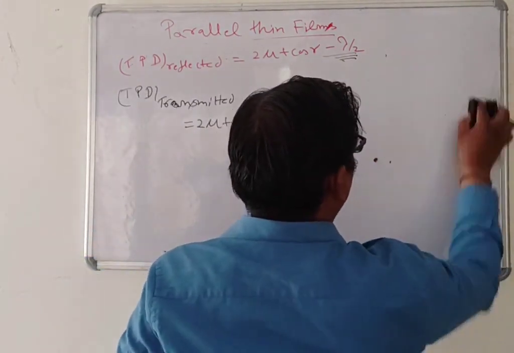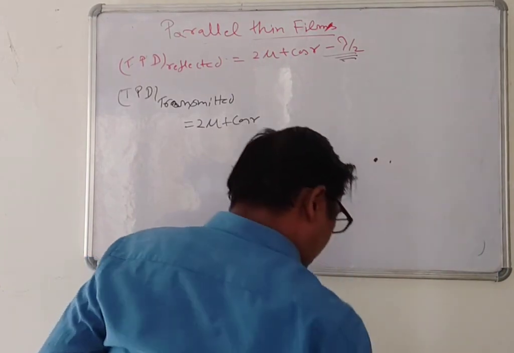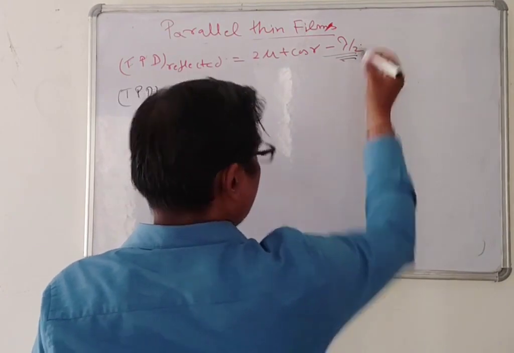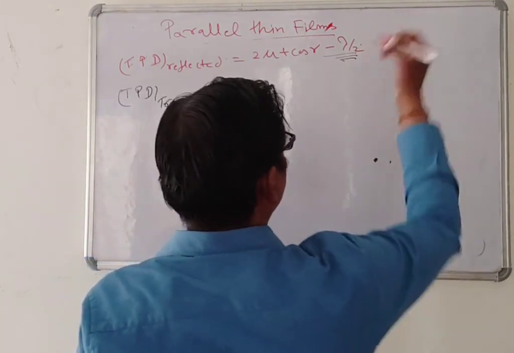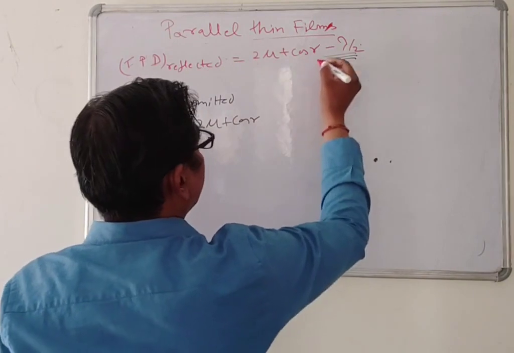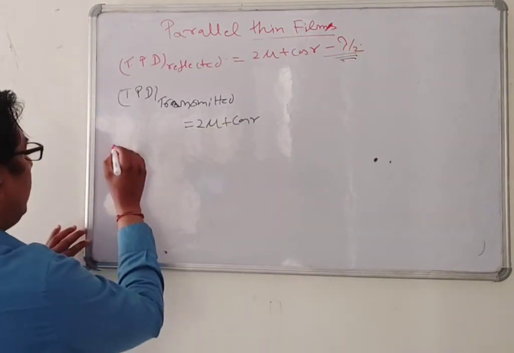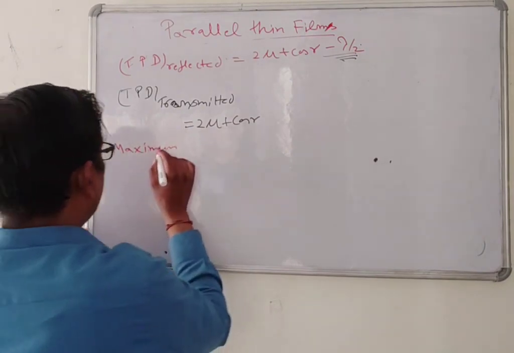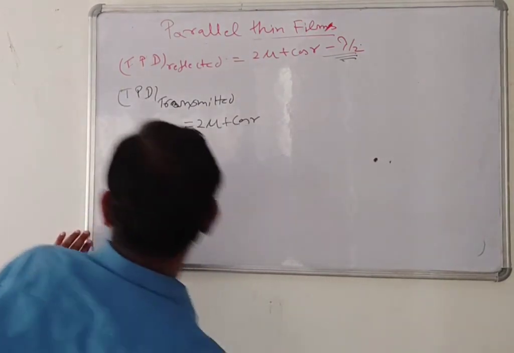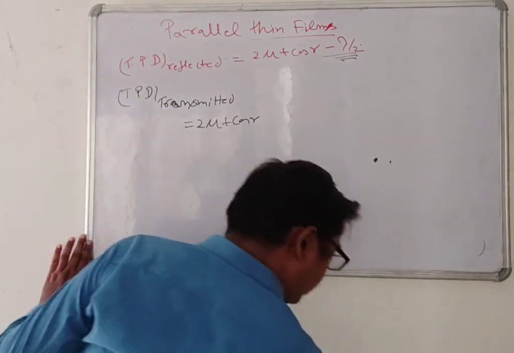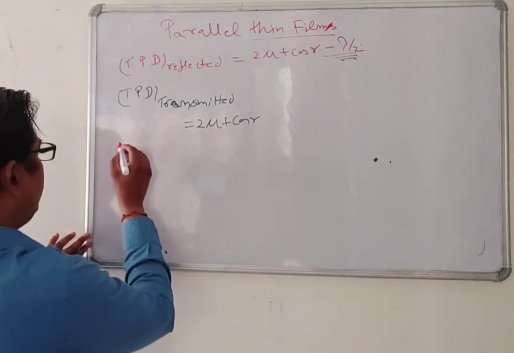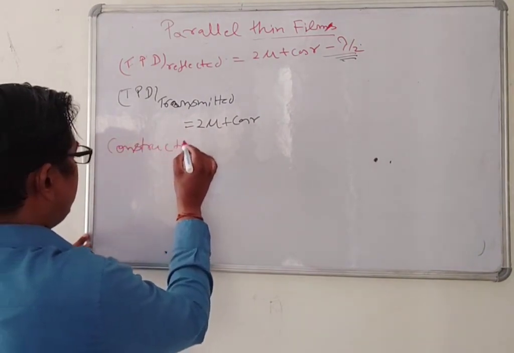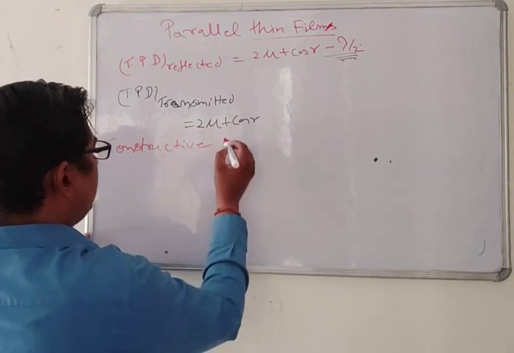What is the condition for maxima and minima? In case of reflected light, here I am using a red pen because I am using it for reflected light. For constructive interference, you can say maxima, but I am using constructive interference.